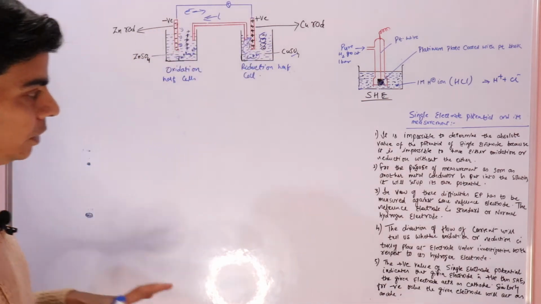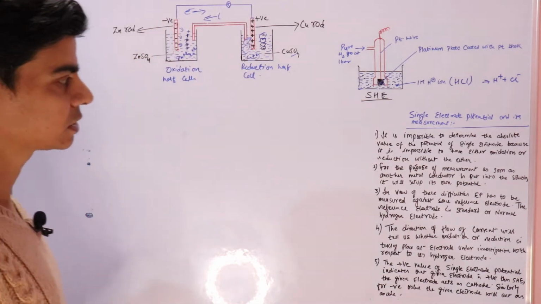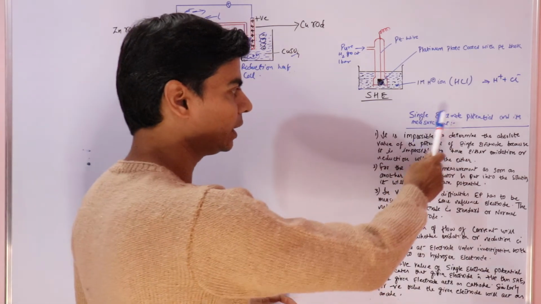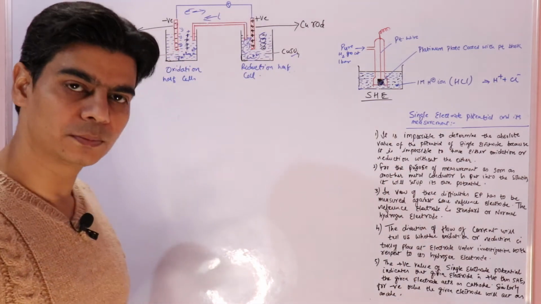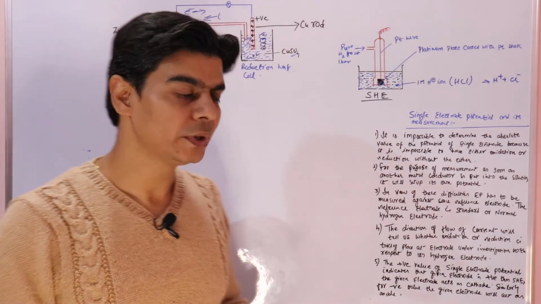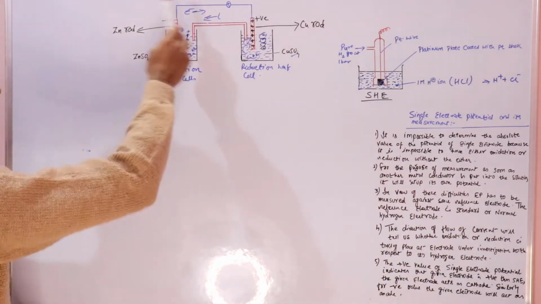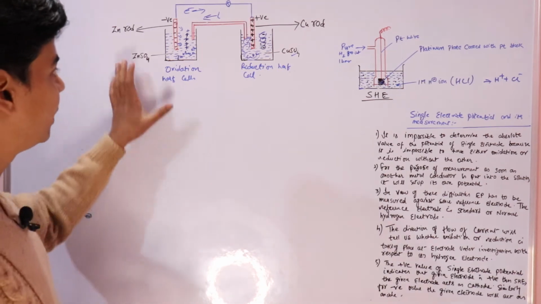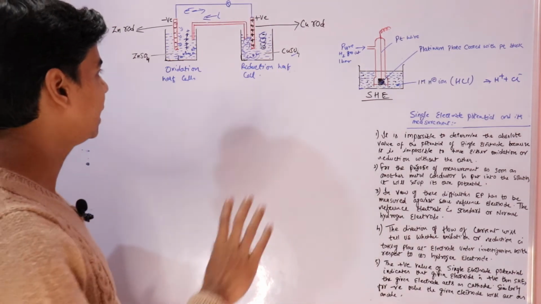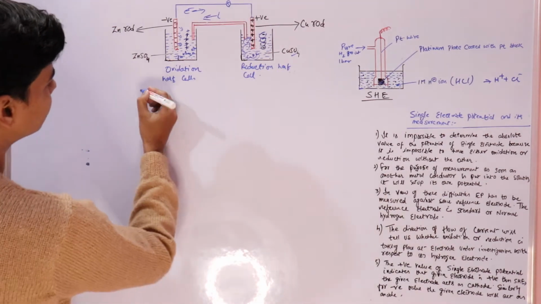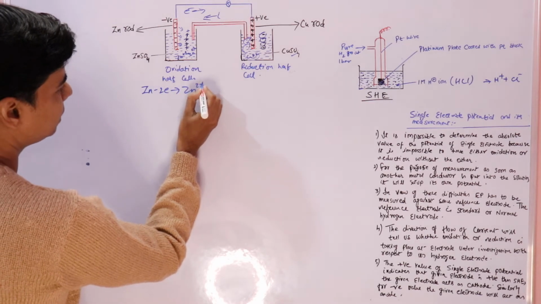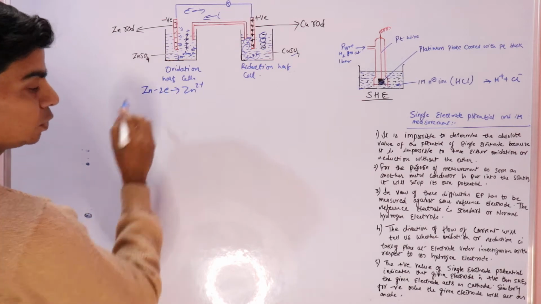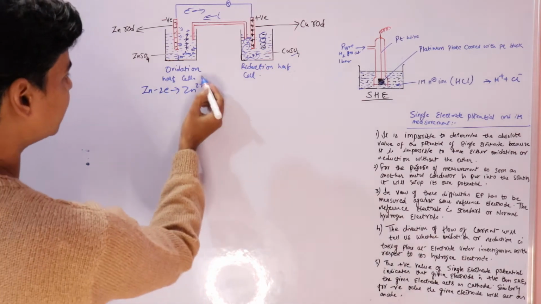And if you remember, we have already discussed electrode potential in the previous lecture. Electrode potential was oxidation potential and reduction potential. In this half cell, the zinc electrode, is where oxidation occurred. This was the oxidation reaction: zinc lost 2 electrons and formed zinc ions.